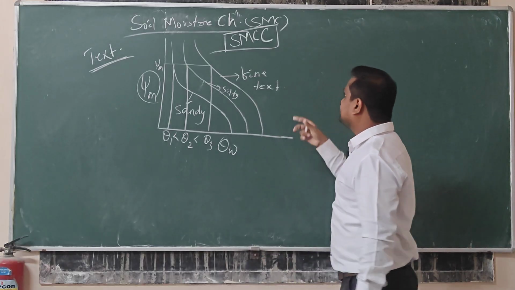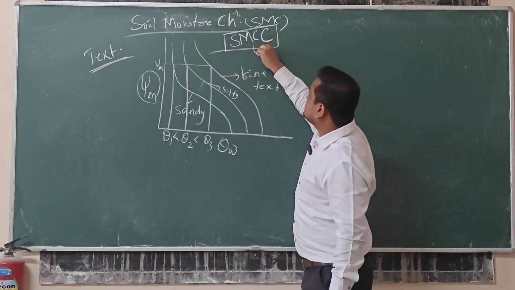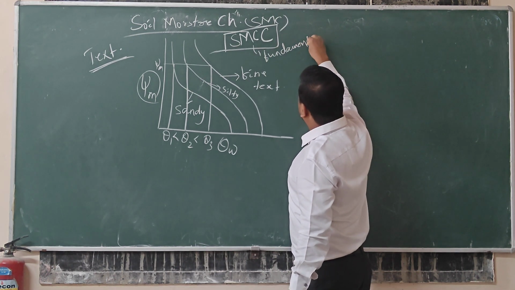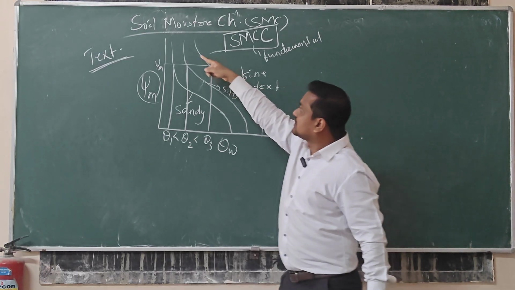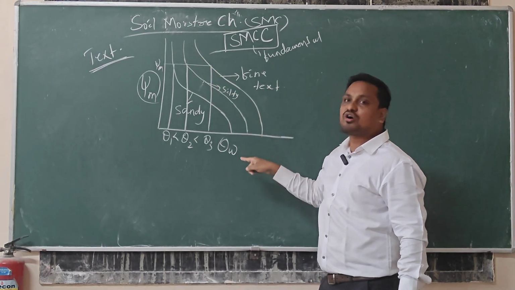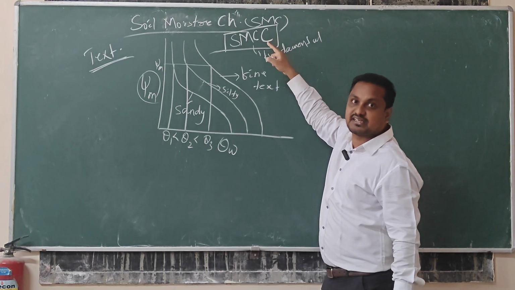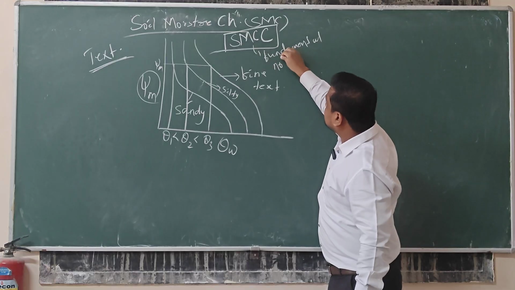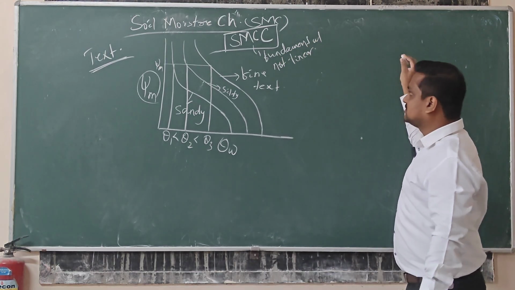This is actually the fundamental property of water. Here you can see the values are coming in a curved way. That's why it is called a curve. The soil moisture characteristics curve is not linear. This is very clear now.